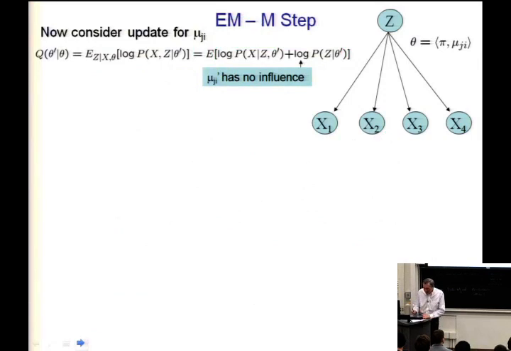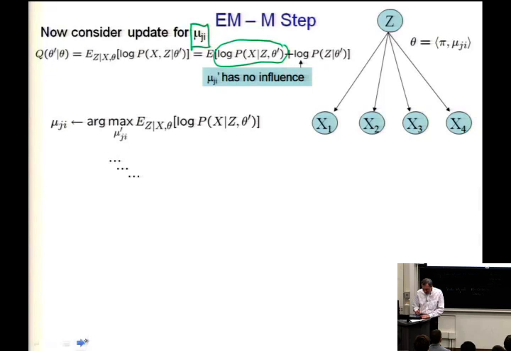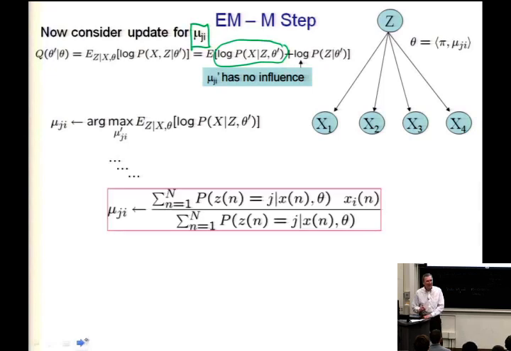Okay, and similarly we can derive the M step for the mu's as well. Again, it turns out we only have to consider one of the two terms in the chain rule expansion. And when we do, to make a long story short, we get this.